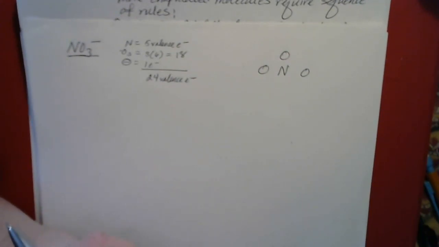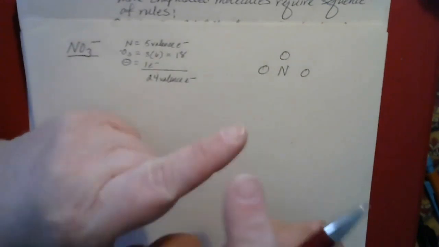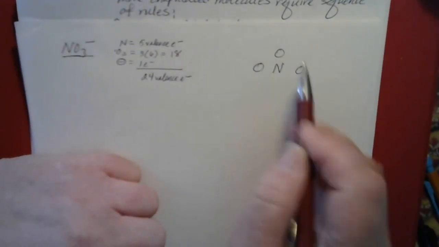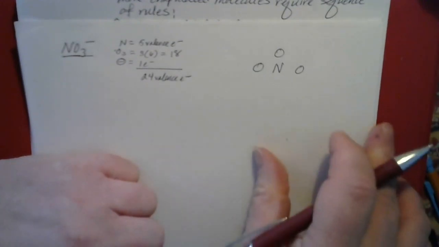The Lewis structure is about showing you how the atoms are bonded to each other. And then we can take that information later and use it to figure out what the molecule really looks like. So it doesn't really matter where you draw the oxygens as long as they're around the nitrogen somewhere.